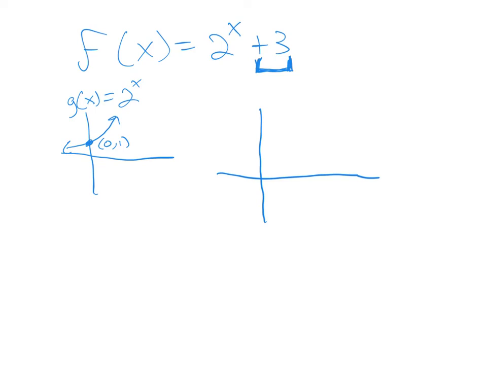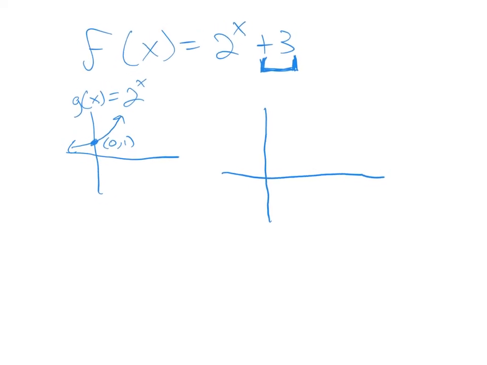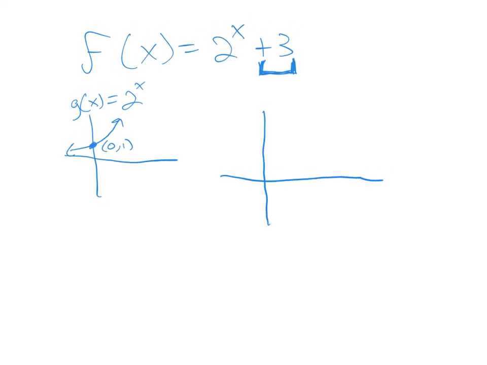Let's think of something real fast. Let's plug in a number. Let's plug in 0, because we know before, when you plugged in 0 over here in our base model, our output was 1. So what happens now when our x is 0?